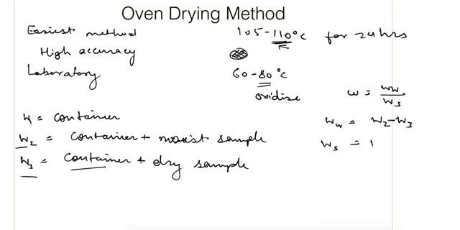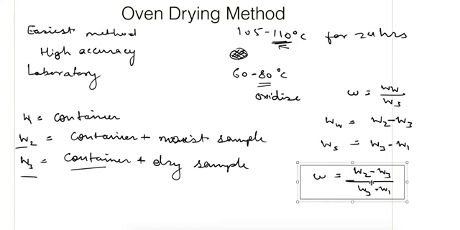So it is W3 minus W1. The water content is given as W2 minus W3 divided by W3 minus W1. This is the formula for this method.